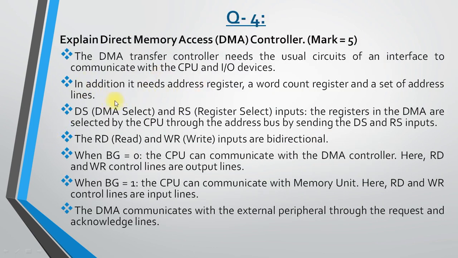Now the DMA transfer controller needs the usual circuit of an interface to communicate with CPU and input-output device. In addition, it needs address register, word count register and set of address lines.